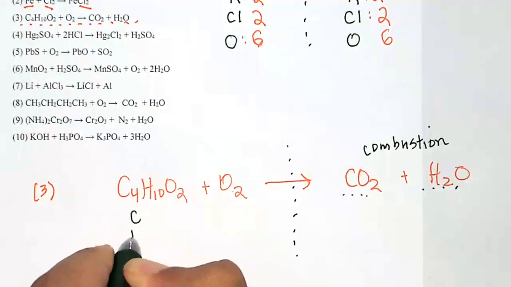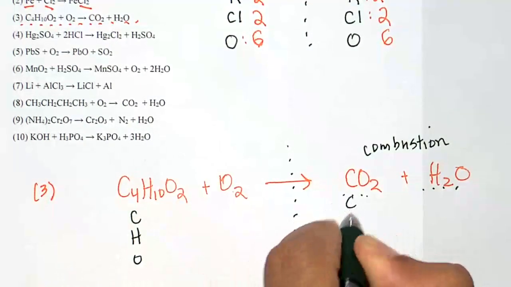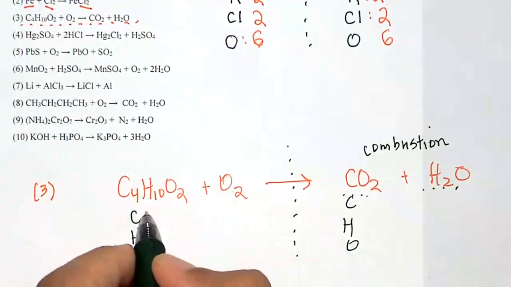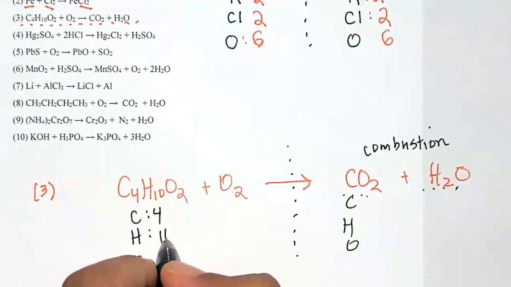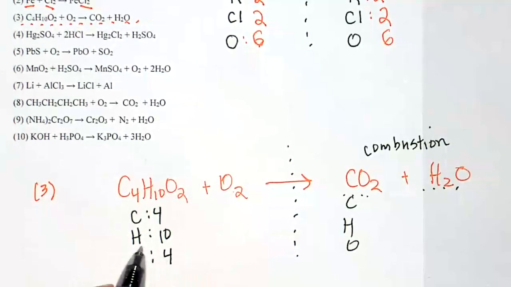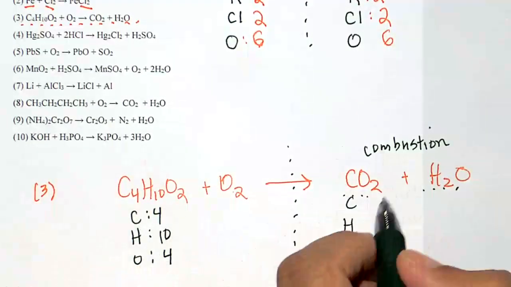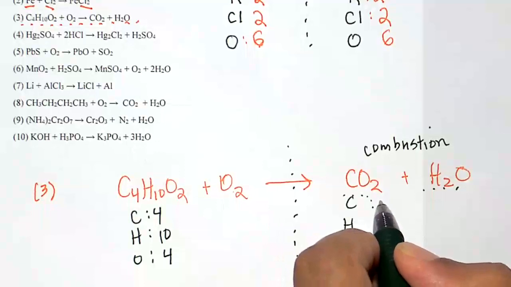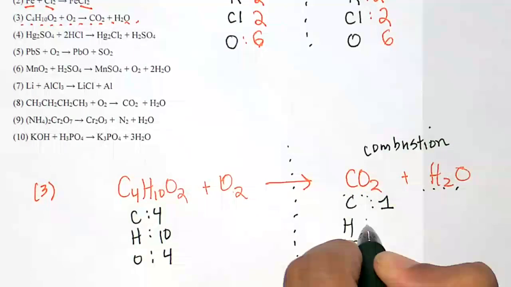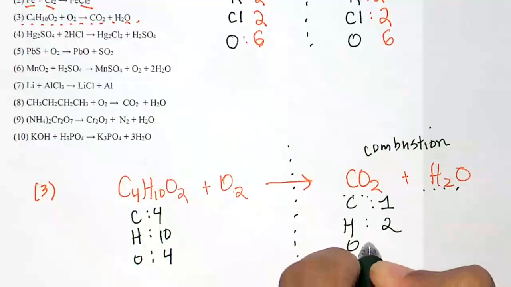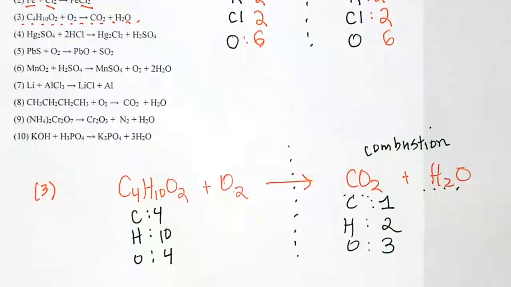Right, how many carbons do we have here? Hydrogens and oxygens. How many carbons? 4. How many hydrogens? Oxygens. What about carbons here? Hydrogens. 2, 3.